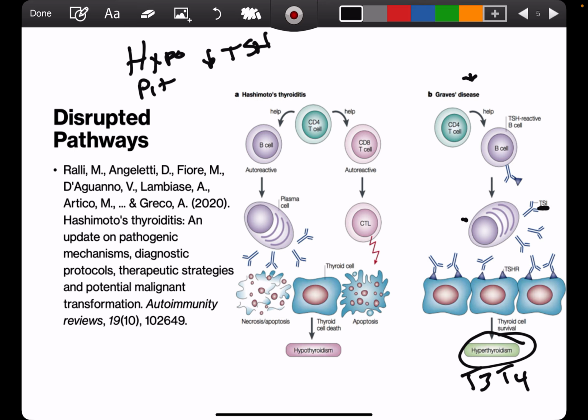Essentially, in Hashimoto's, the T cells and B cells infiltrate the thyroid, and then they differentiate into their respective cells.